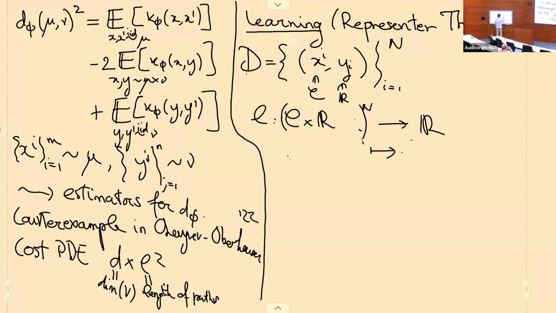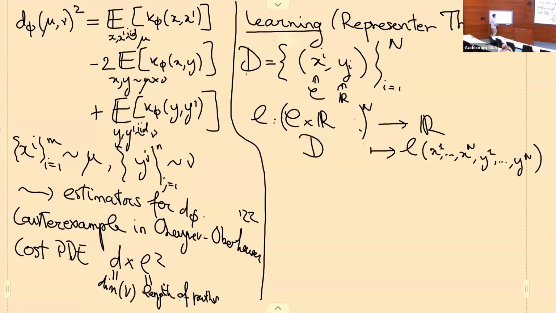This loss function takes in the data set, x_1, ..., x_n, y_1, ..., y_n. It takes all the data and outputs some cost. This function is generic. There's absolutely no assumption whatsoever on it. Just a loss function. It doesn't need to be convex.